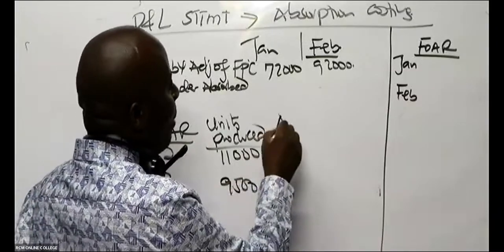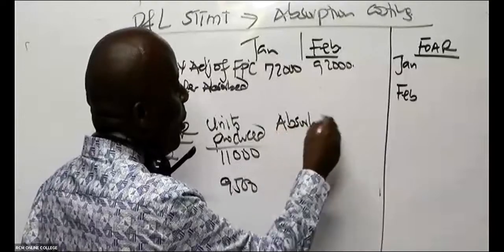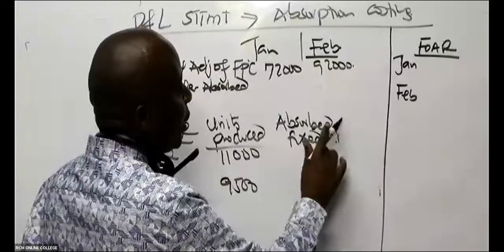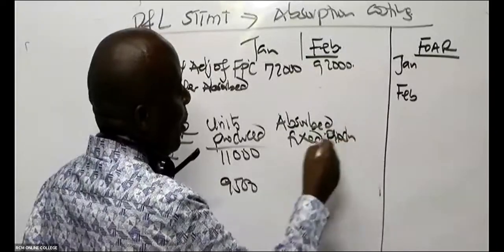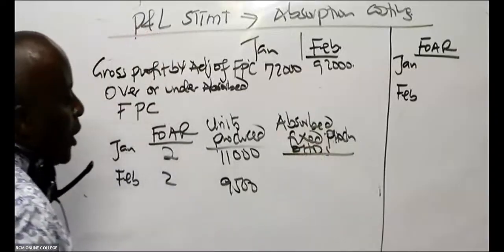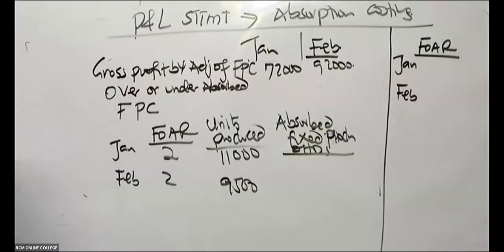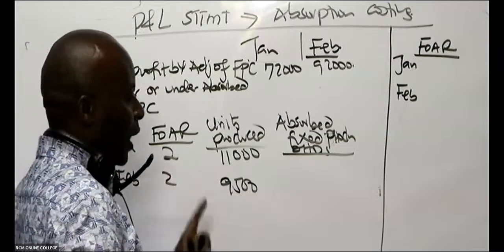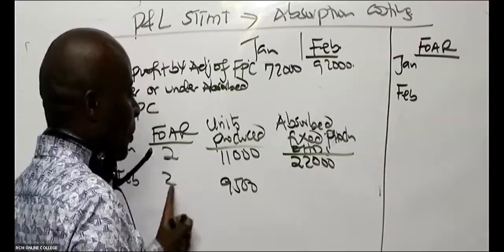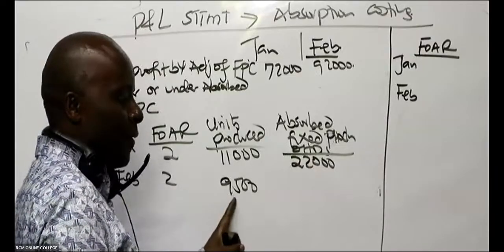So then give me the absorbed fixed production overheads. It will be 2 times 11,000, which is 22,000.